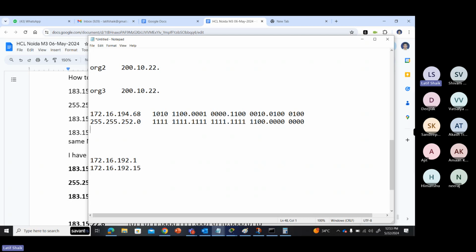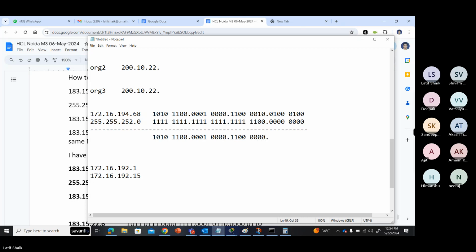So can you calculate the network ID? Here are zeros, all are zeros.